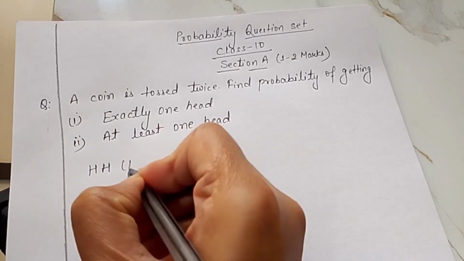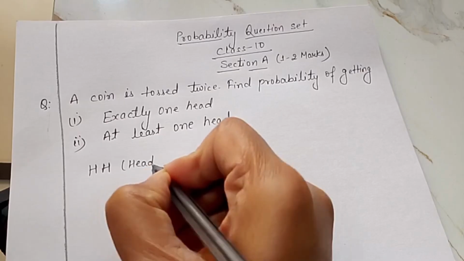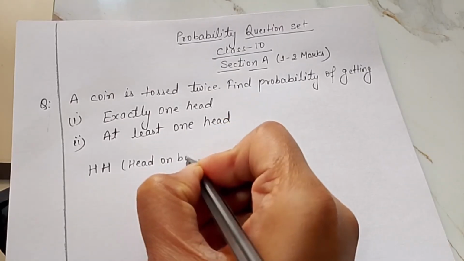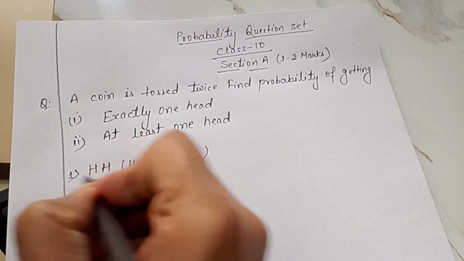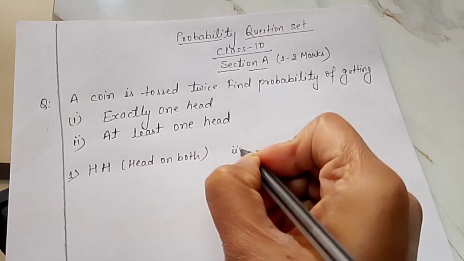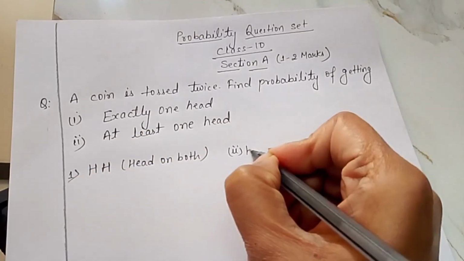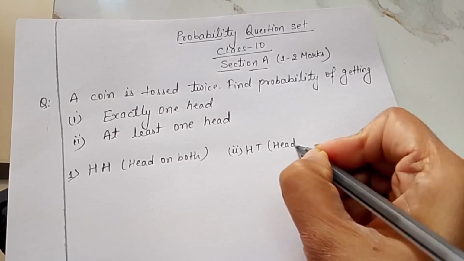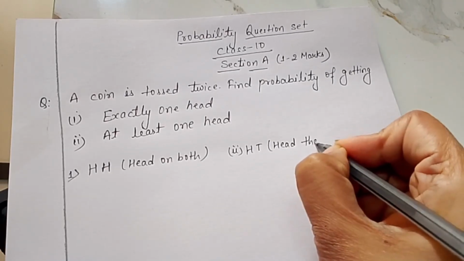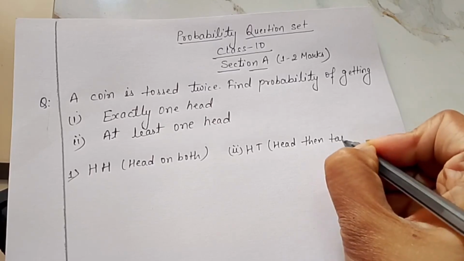HH means head on both coins. Second is HT, head, then tail.